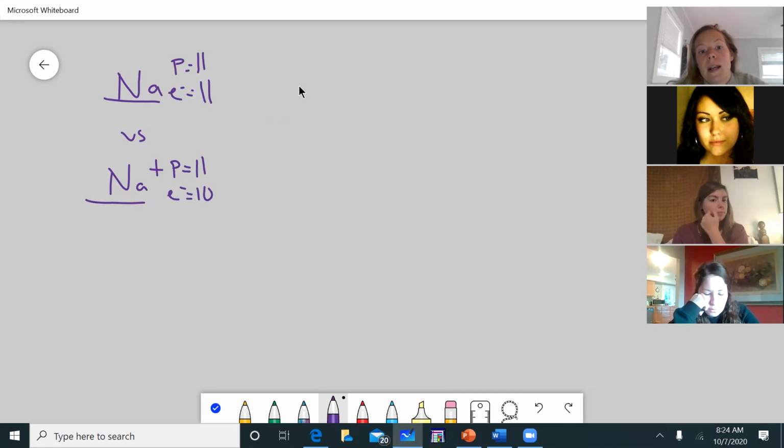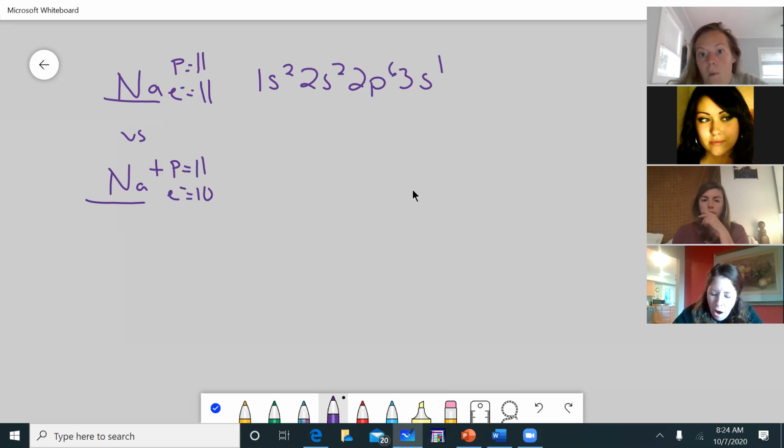So let's write out the electron configuration using the quantum mechanical model. It would say that it's 1s2, 2s2, 2p6, 3s1. Now we know that it forms a plus charge. When looking at this thing, this configuration here is a noble gas. This is what's giving us the problem. It's this one extra electron that's making it so unstable.